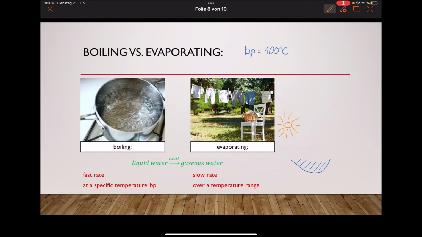So that tells us now that the process of evaporation happens slowly and over a temperature range. So water from seas and lakes evaporates even below 100 degrees Celsius. And as the water is moving upwards in the atmosphere, it cools down, and at some point it condenses to form clouds.